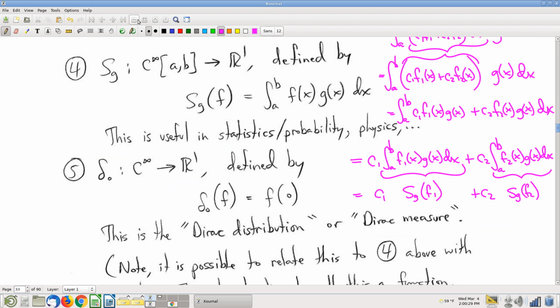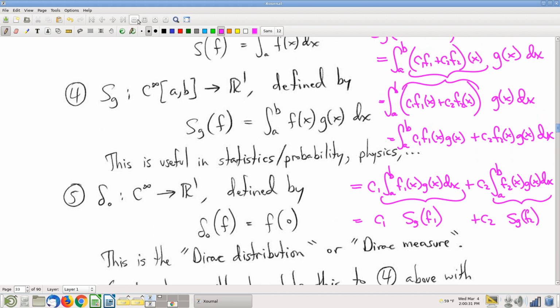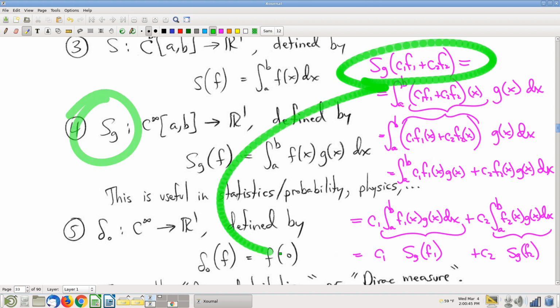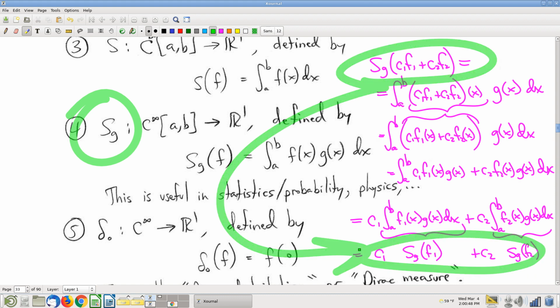And so, as required, we've done the proof. This thing here, whoops, I wanted to go into highlighter mode. This thing here is a linear transformation because linear combination in, linear combination out. There you go.